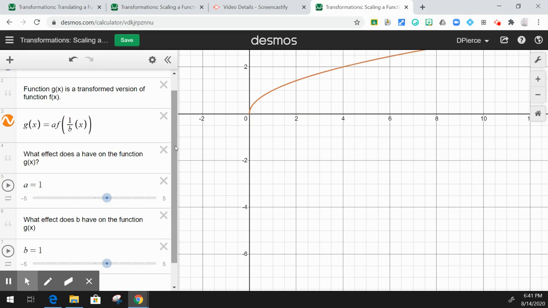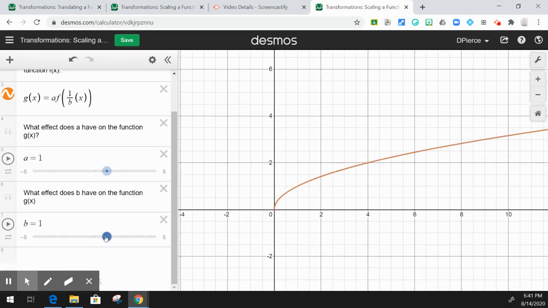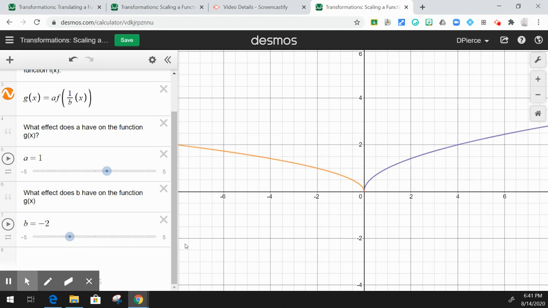All right, let's look at the b value. So again, if our b value is negative, it is going to reflect over the y-axis. So here's a b value of negative 1. Our parent just moves over the y-axis.